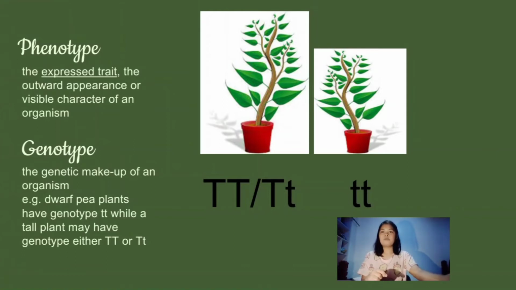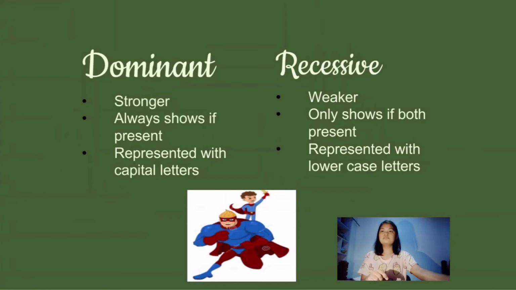For example, dwarf pea plants have genotype lowercase tt, while a tall plant may have genotype either uppercase TT or 1 uppercase T and lowercase t. Every organism has at least 2 alleles for every gene or trait. These 2 alleles have a dominant to recessive relationship.